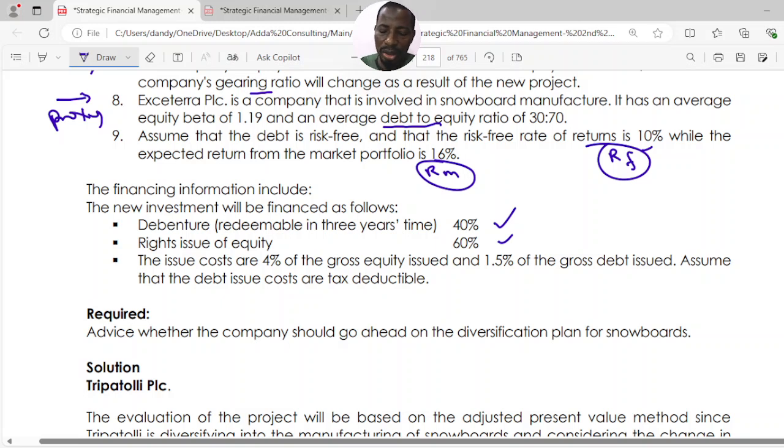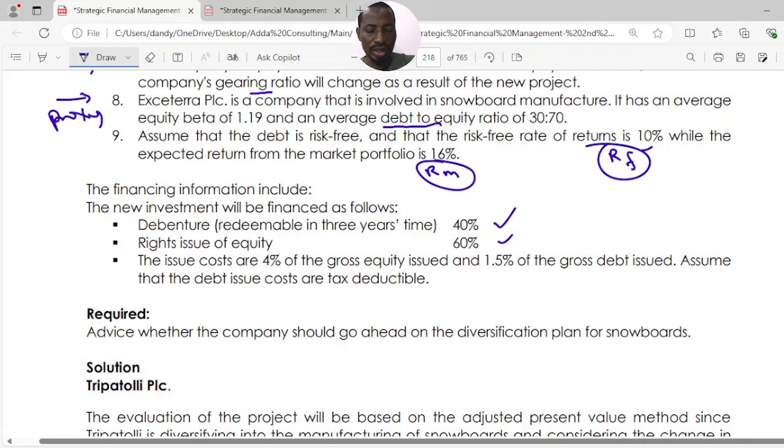The examiner has told us that we should use the gross finance required because the issue costs are 4% of the gross equity issued and 1.5% of the gross debt issued. You are also told that the debt issue costs are tax deductible, which simply means that in year one, you are supposed to calculate the tax saved on the issue cost amount on debt, in year one only. All right, so that is the question.